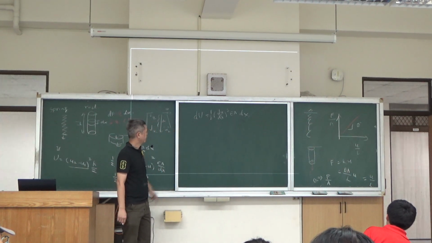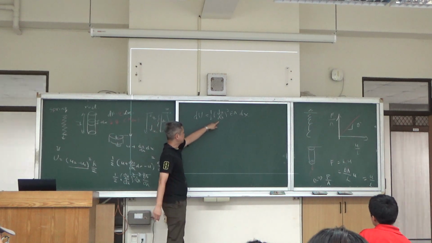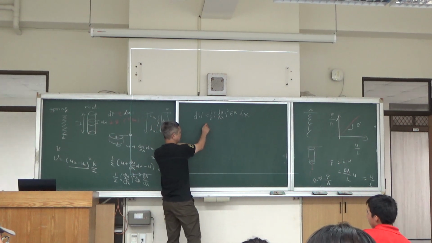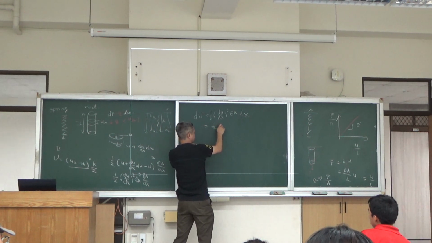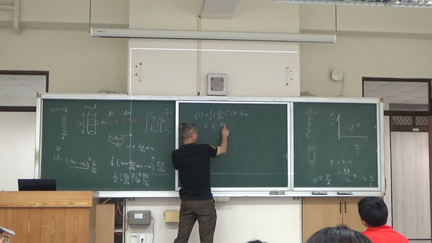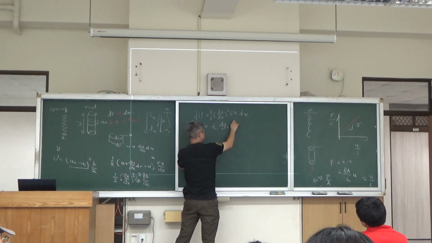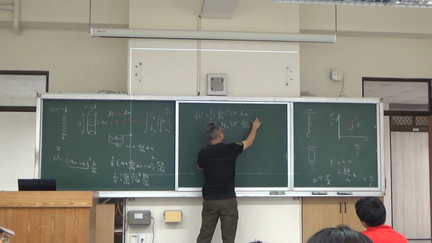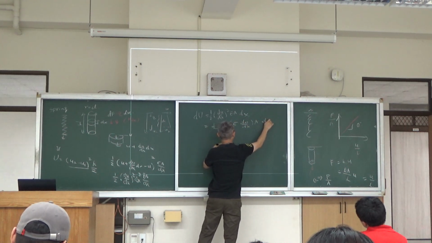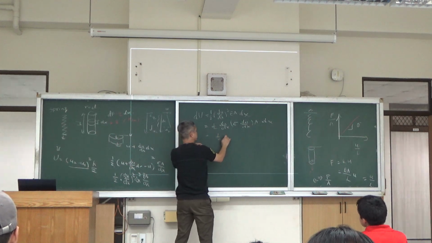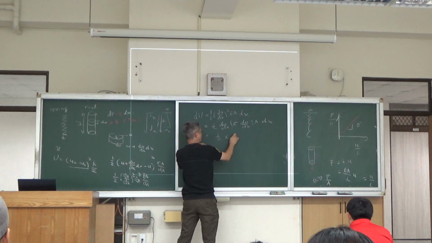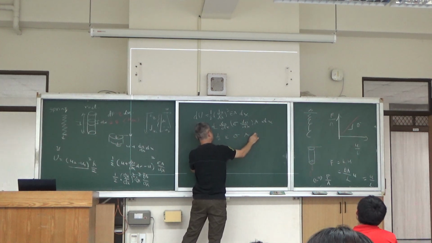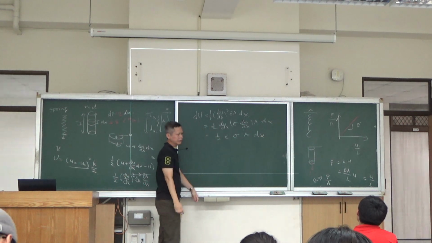So in that way, this expression of energy looks like something you are very familiar with. This is half the strain times the stress times the cross-sectional area times the length.